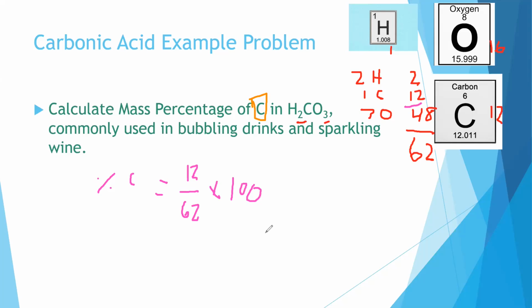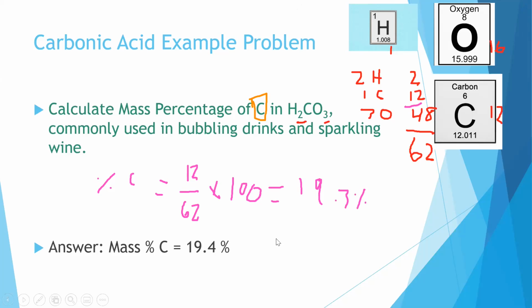And plugging that into a calculator gives around 19.3%, I believe. Yeah, 19.35, 19.4. And I believe that's the correct answer. Yep, 19.4, 19.3, depending on how you round.